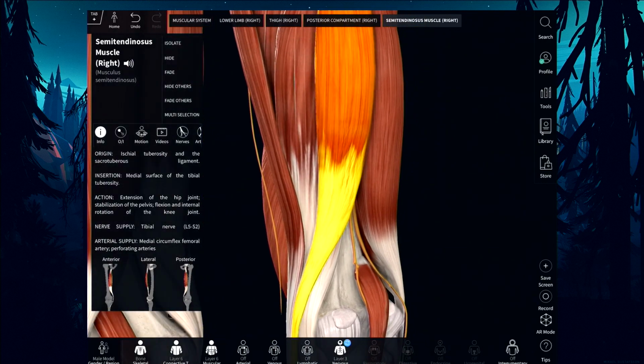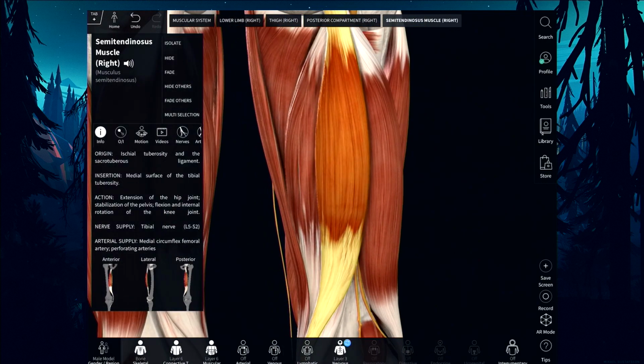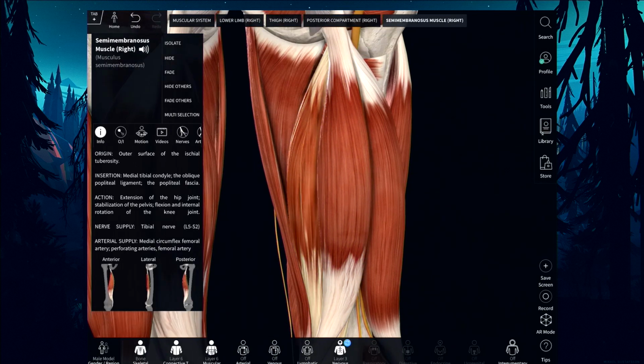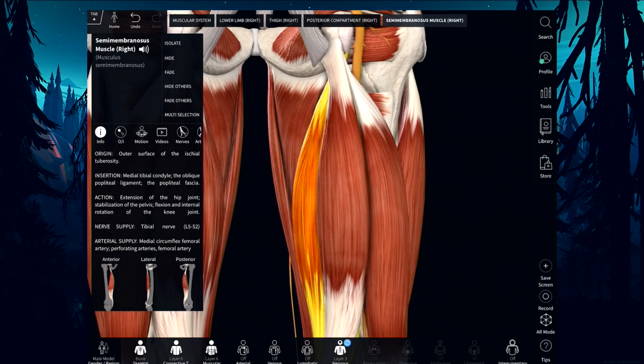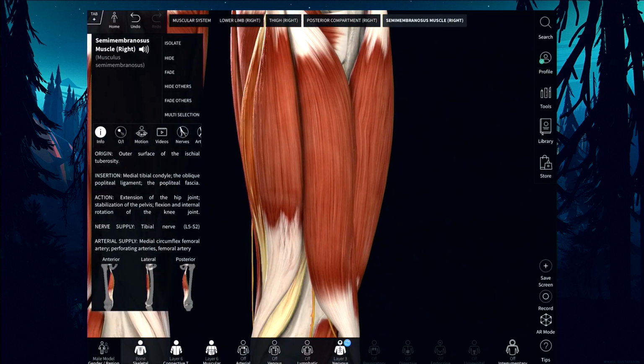And we see semitendinosus, this large over-exaggerated muscle here, and beneath it, semimembranosus, with very similar origins and insertions, both innervated by, anybody? Tibial nerve, fantastic. Now these are complemented laterally by the biceps femoris.